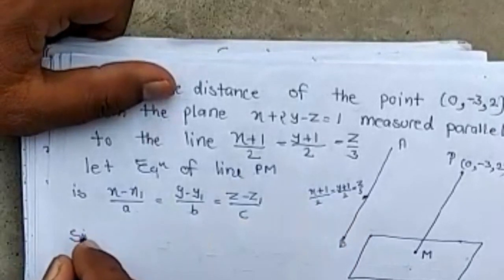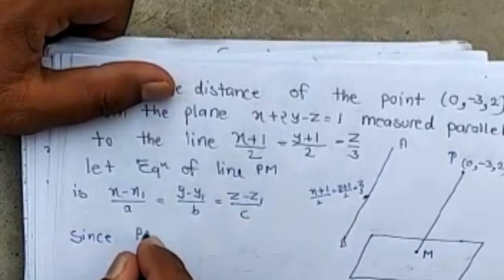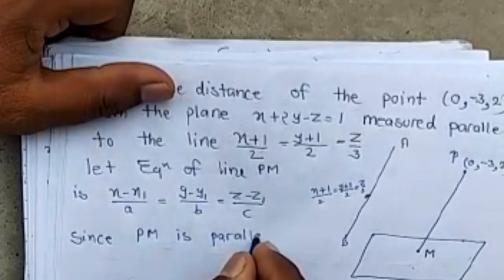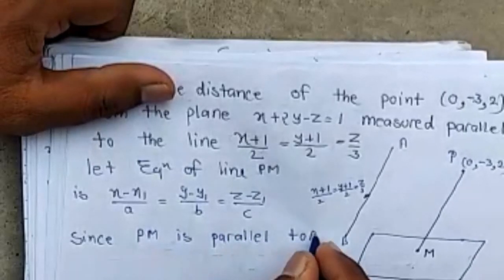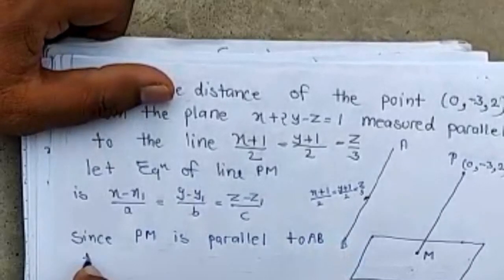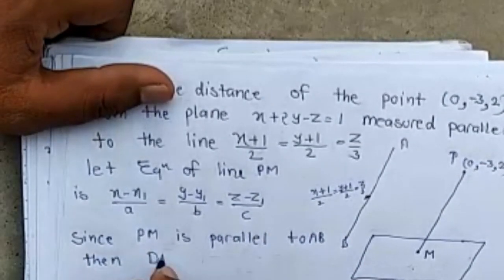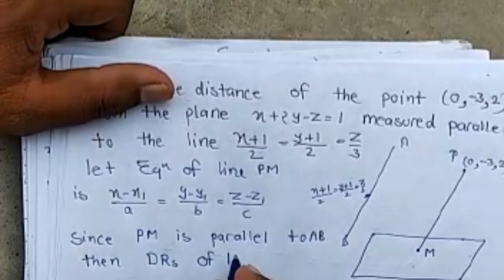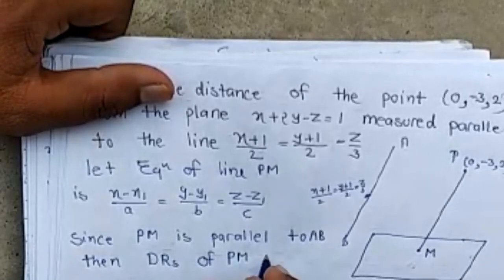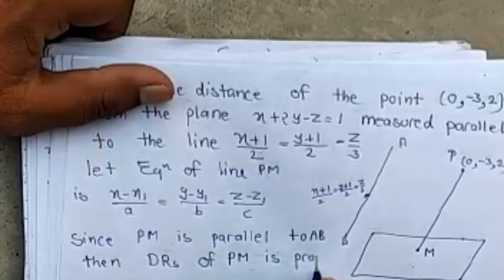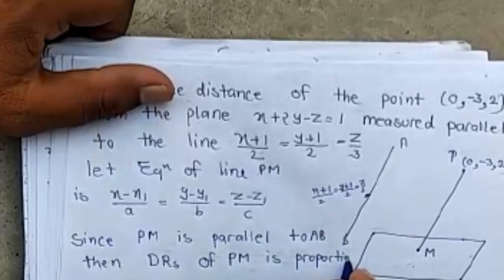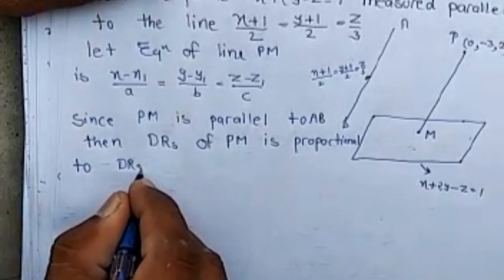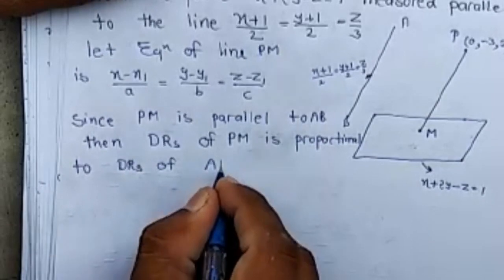Since PM is parallel to AB, then direction ratios of PM is proportional to direction ratios of AB.